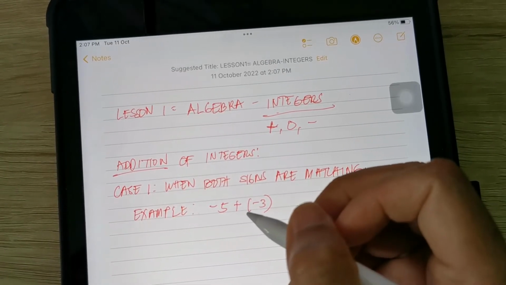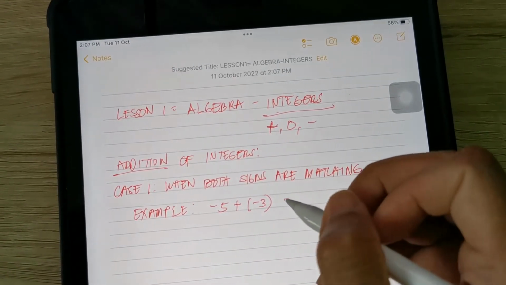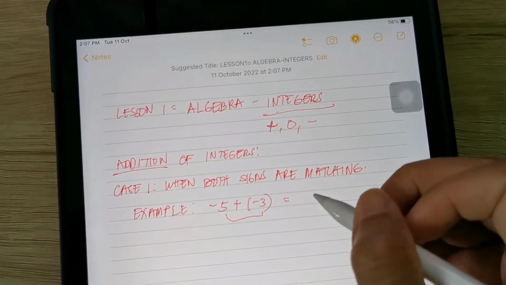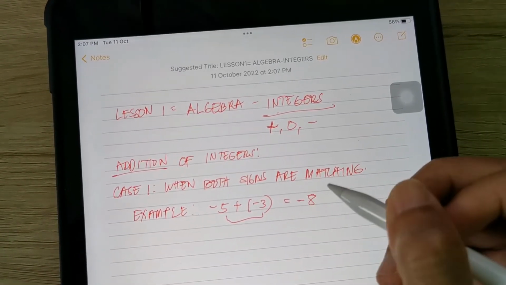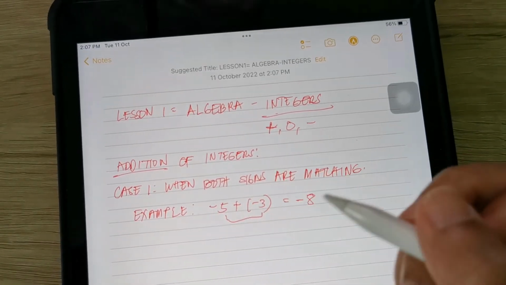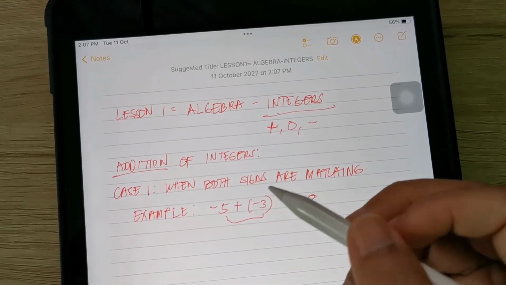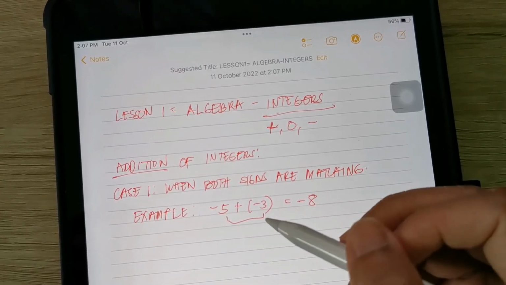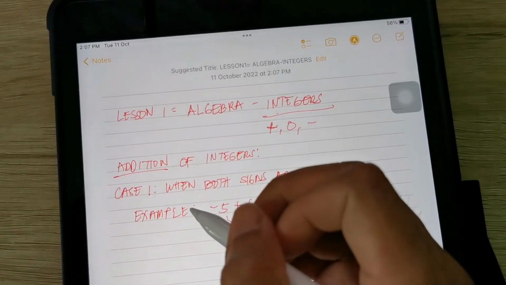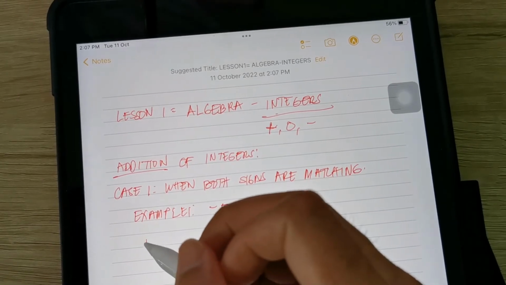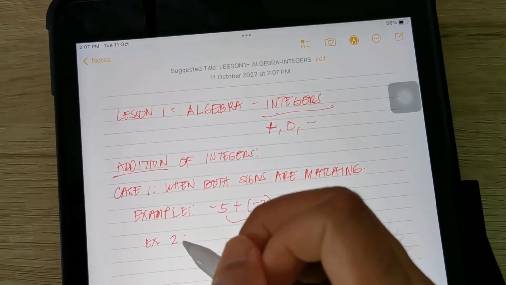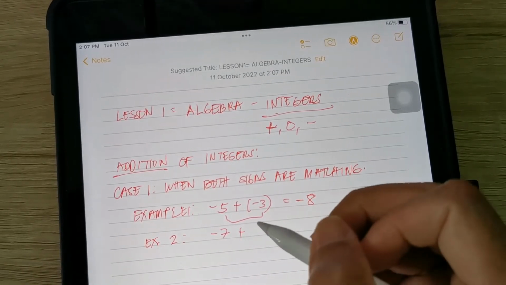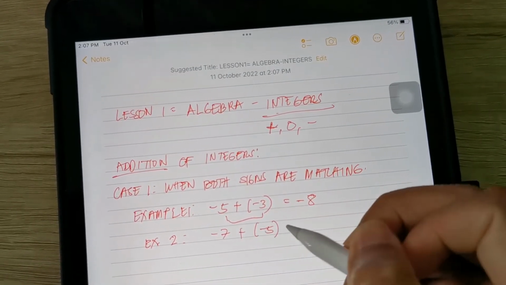Since both signs are matching, ang magiging solution natin is parang i-add lang natin normally itong dalawa and then copy the sign. Okay, it's just like normal addition, and then you copy the sign of both integers. So example number 2, -7 plus -5.